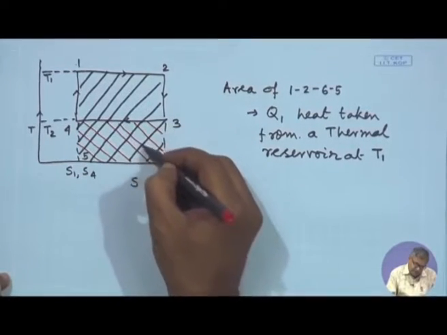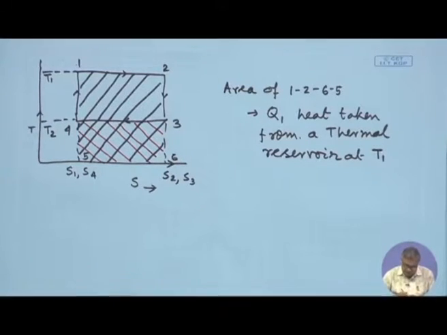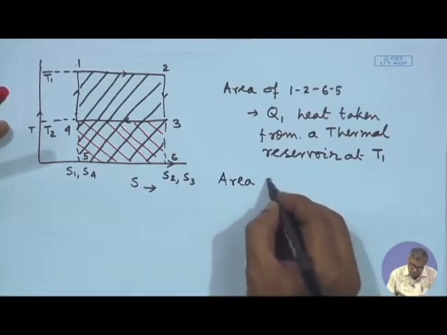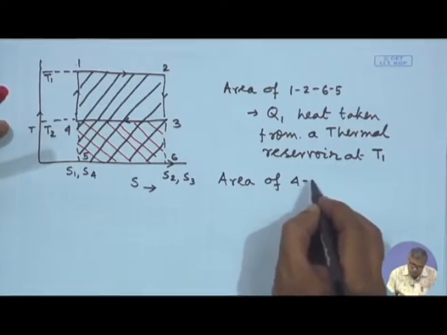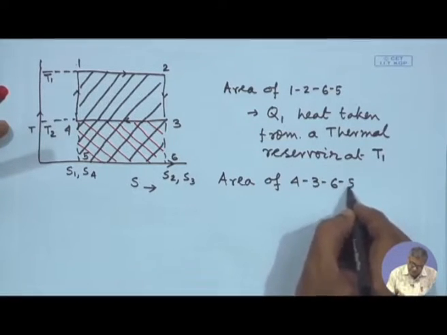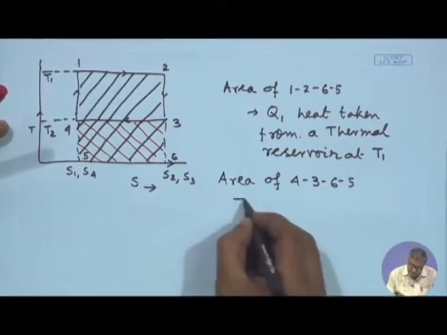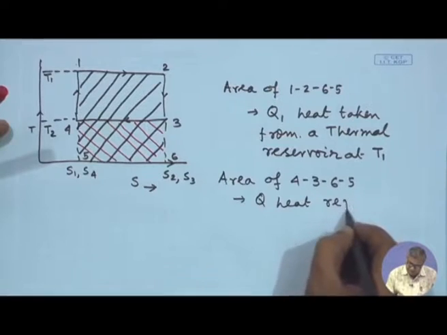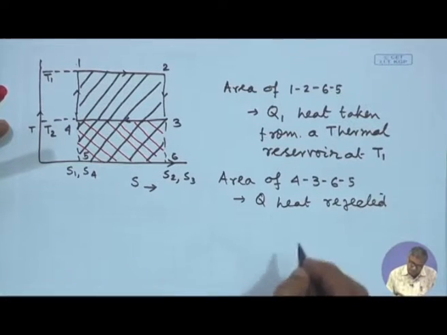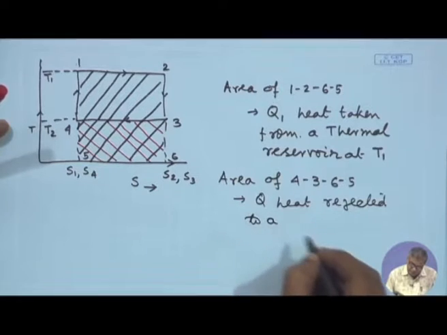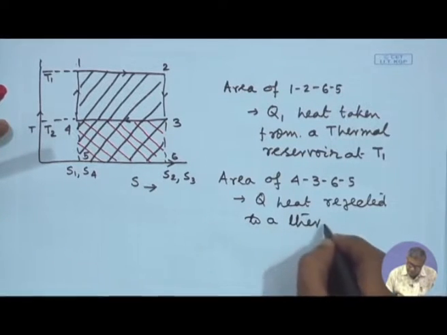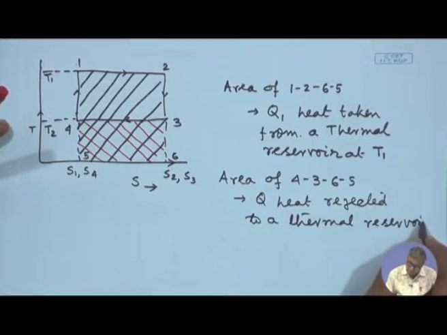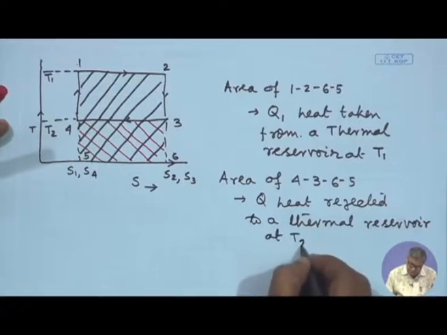Heat which is rejected by the cycle to a low temperature reservoir at temperature T 2 is given by the area 4365. That gives Q 2, the heat rejected to a thermal reservoir at T 2.